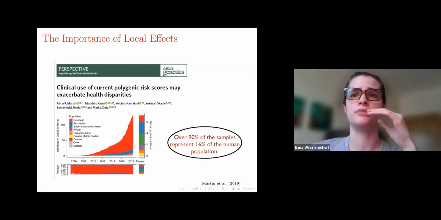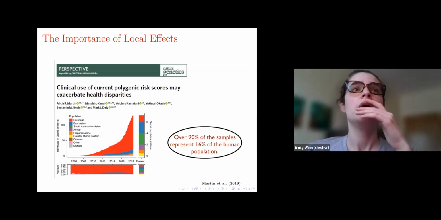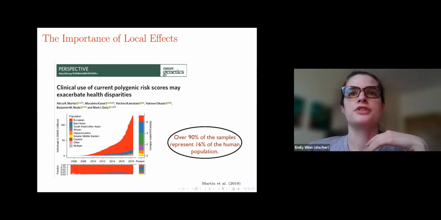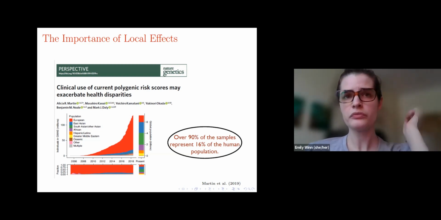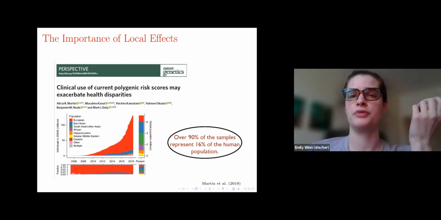And this is an example from a Nature paper in genetics, where the UK Biobank has mostly data from people of European ancestry, when in reality they represent less than 20% of the global population.